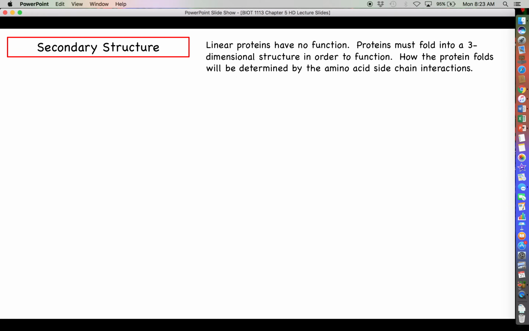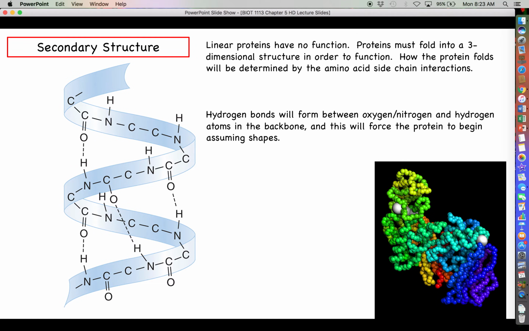So proteins have to have a three-dimensional shape in order to do what they are supposed to do. As we've already seen, how the protein eventually folds into its final three-dimensional shape is all going to depend on the sequence of amino acids and which side chains like to interact with which other side chains.